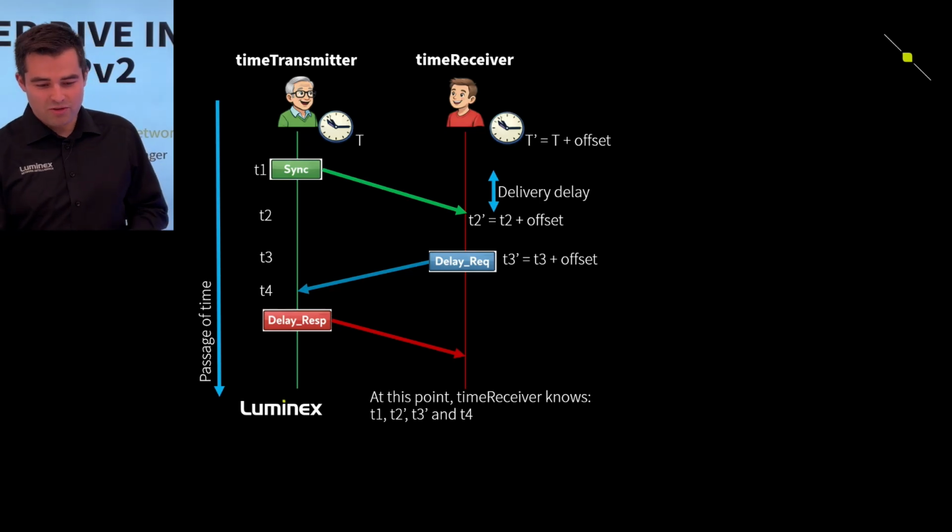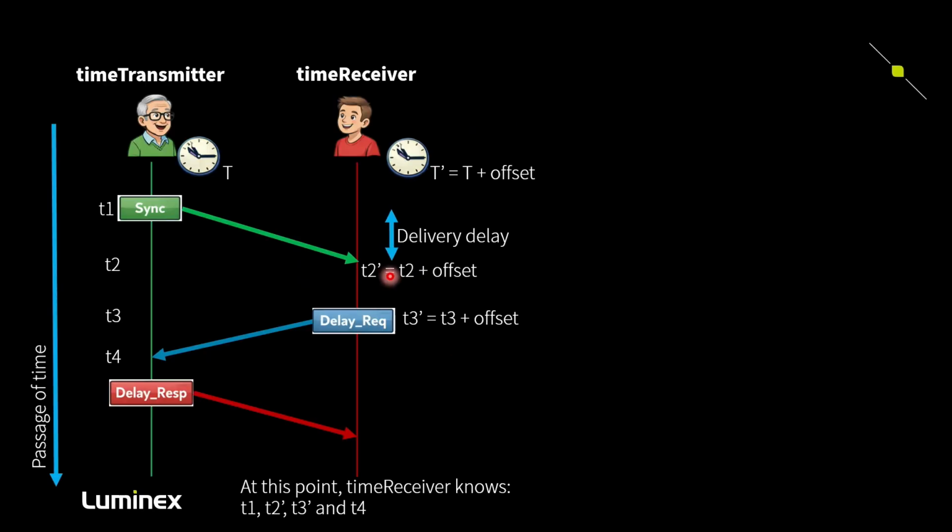It knows T1, which was in the sync packet. It knows T2 prime, which is the time at which the sync packet arrived. It knows T3 prime, which is the time at which the delay request message was sent. And finally, it also knows T4, the time at which the delay request message arrived at the time transmitter side, which was put into the delay response message.